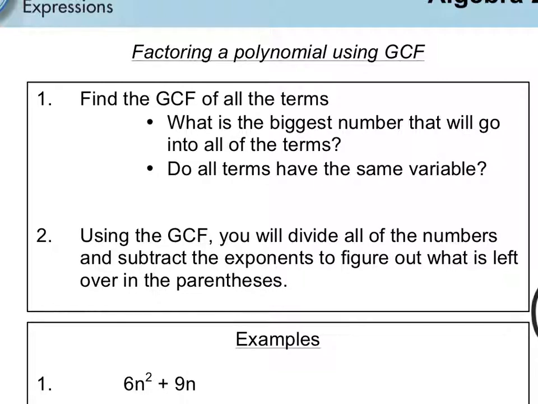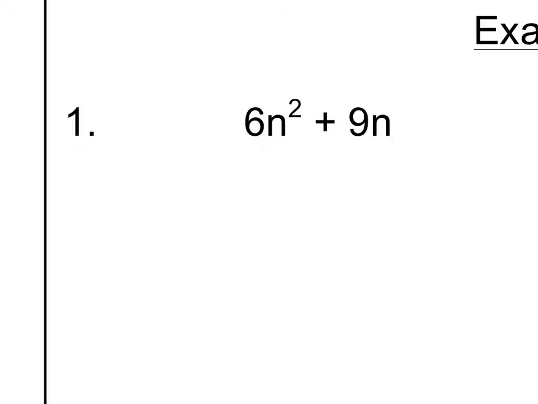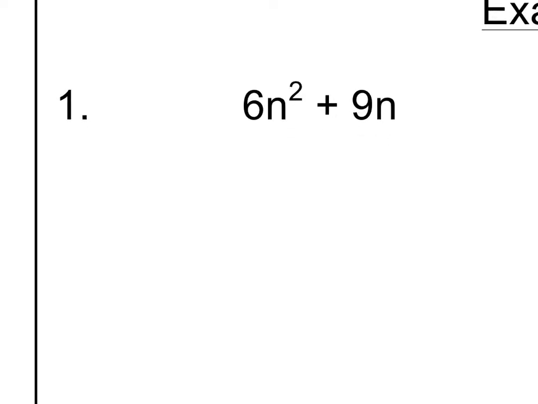So let's take a look at this first example, number 1, 6n squared plus 9n. As you're looking at the numbers, what you're trying to figure out is, what's the biggest number that goes into 6 and 9? Well, that happens to be the number 3. So I'm going to take a 3, and we're going to pull that out front. The other thing that you notice is that both of these terms have n's.